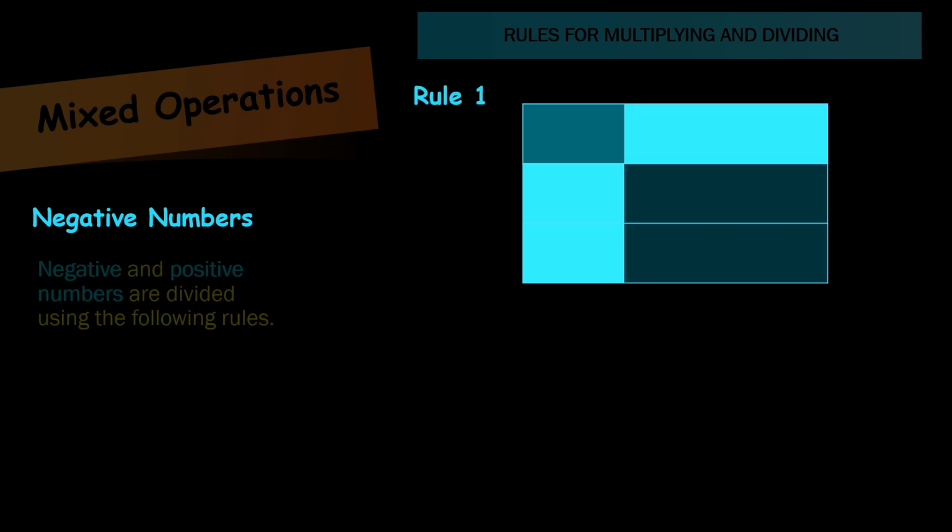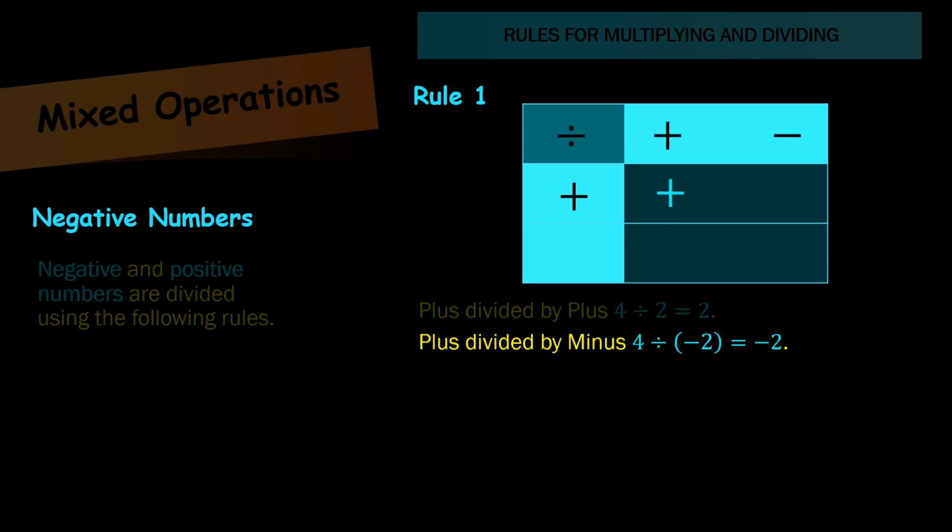Now let's take a look at divide. Plus divided by plus, for example, 4 divided by 2 equals 2, is plus. Plus divided by minus, such as 4 divided by minus 2 is minus 2, so minus.